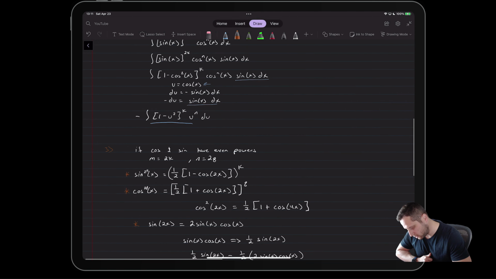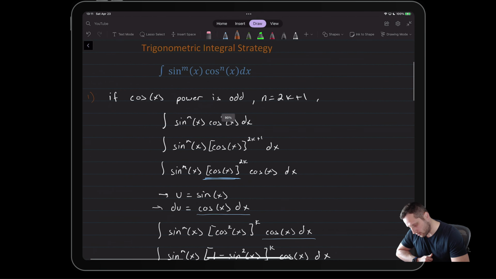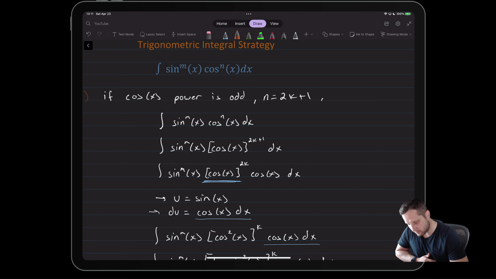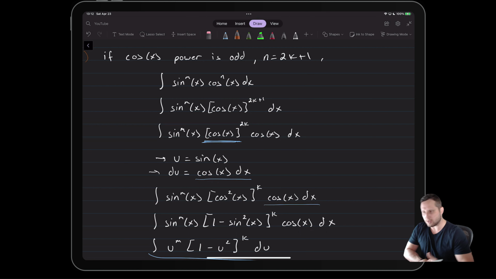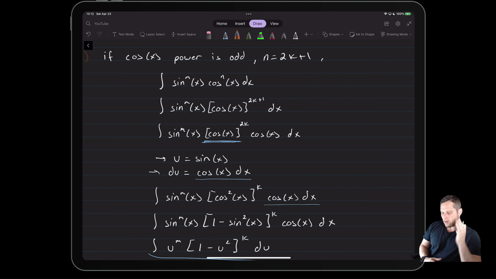So just remember that if your cosine power is odd, so it's 2k plus 1, then you want to separate out one of those cosine terms. You're going to have an odd cosine and an even cosine term. So you want to rewrite that even one as cosine squared to a power.